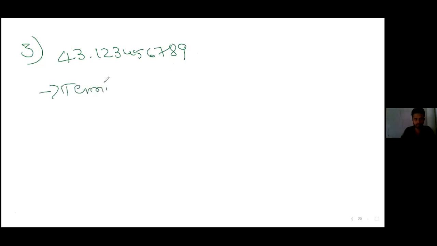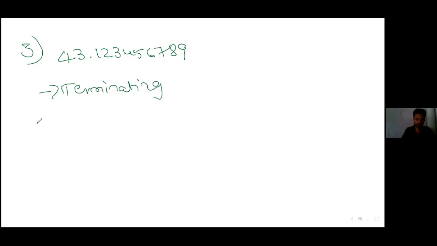Then the third one, that is, the following real numbers have decimal expansion as given below. They are given three sums, and in each case decide whether they are rational or not. If they are rational and of the form p by q, what can you say about the prime factors of q? The first one is given, that's 43.123456789. First thing is it is terminating, right?